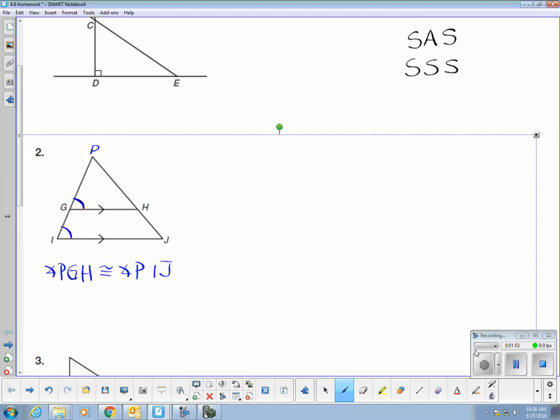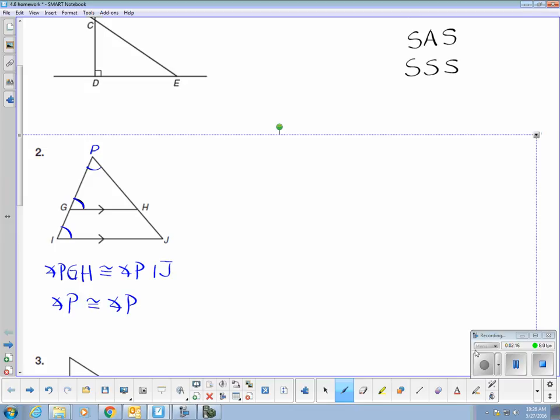And in looking at these two triangles, I also noticed that the smaller triangle at the top shares the same angle as the larger triangle. So angle P is congruent to angle P by the reflexive property.